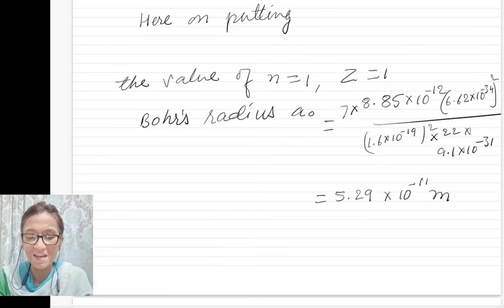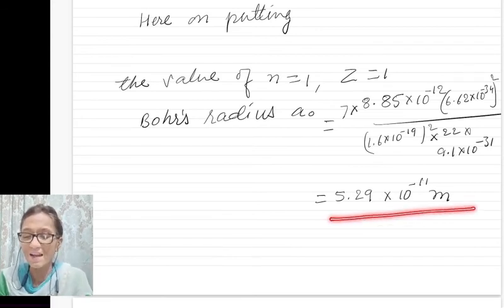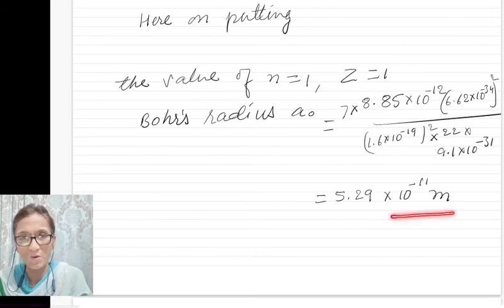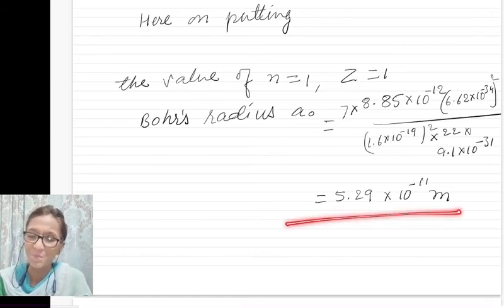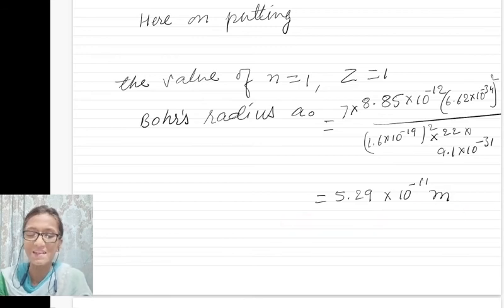This is how you can obtain the Bohr's radius, and that is equal to 5.29 into 10 to the power minus 11 meter. This is your Bohr's radius.